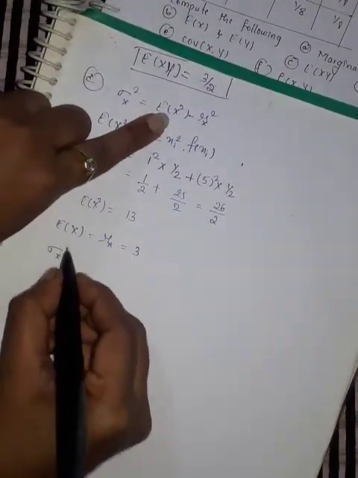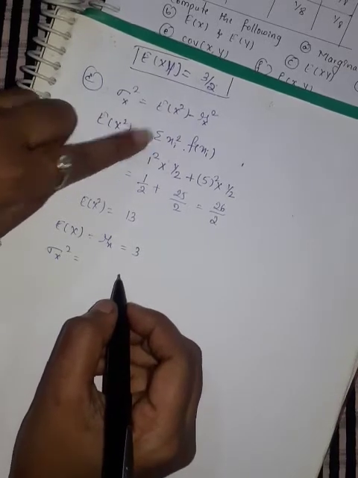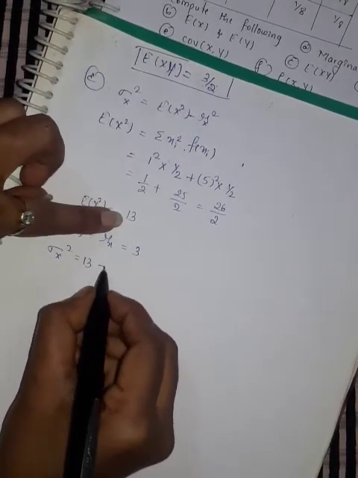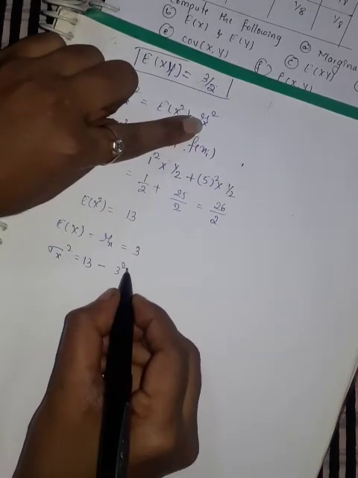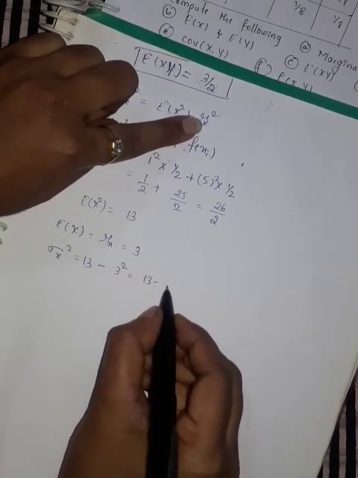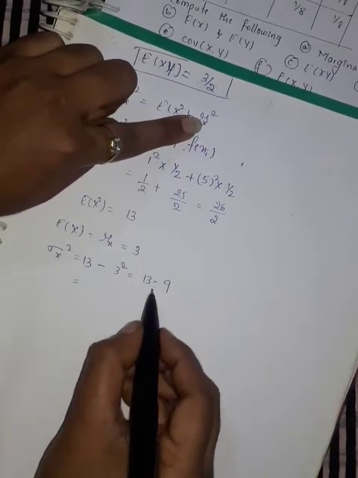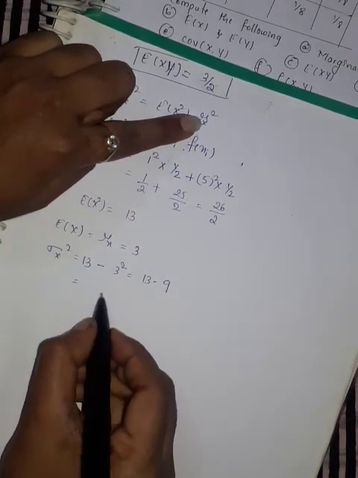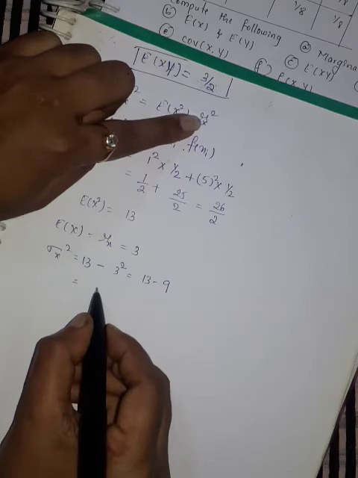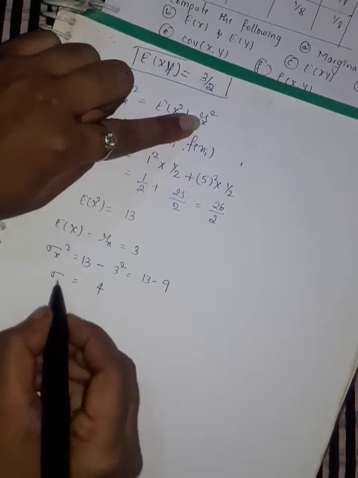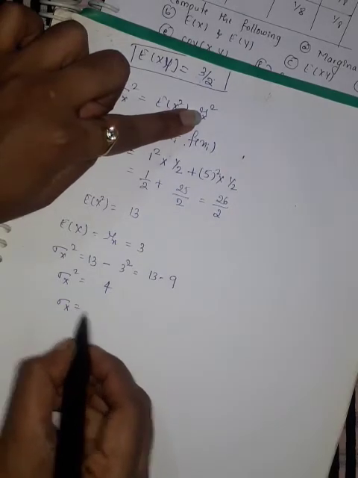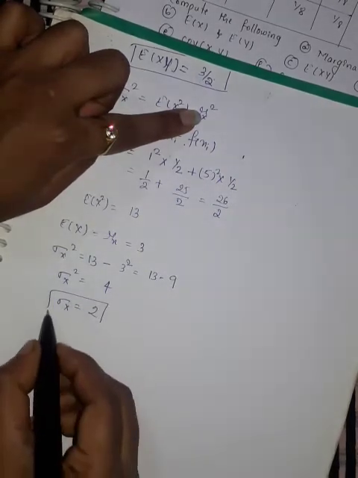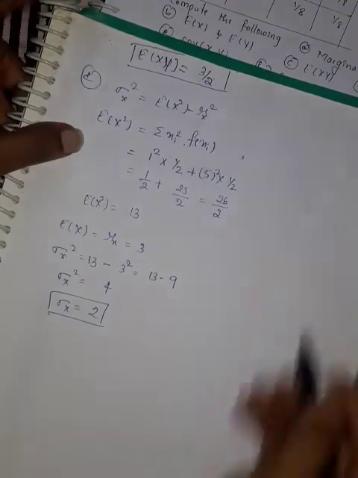Sigma x square is equal to expectation of x square, which is 13, minus mu square, so 3 square is 9. 13 minus 9 is 4. Sigma x square is 4. Take the square root on both sides, so sigma x is 2.